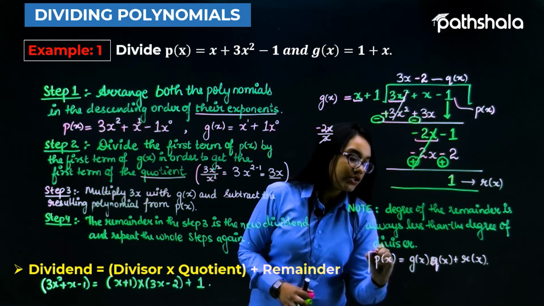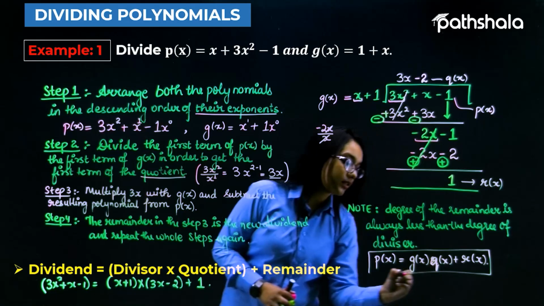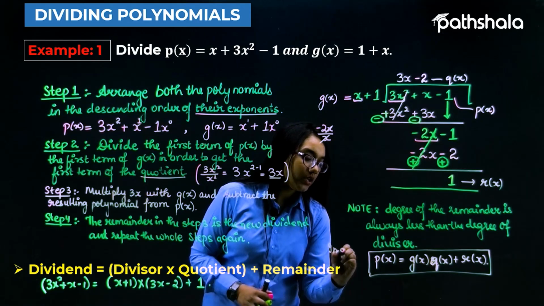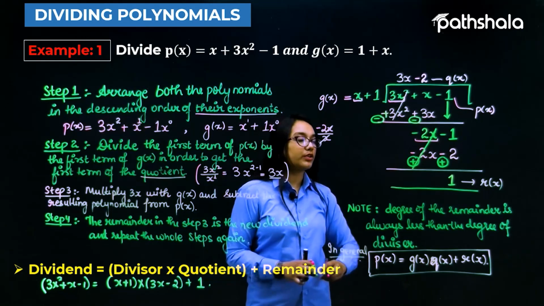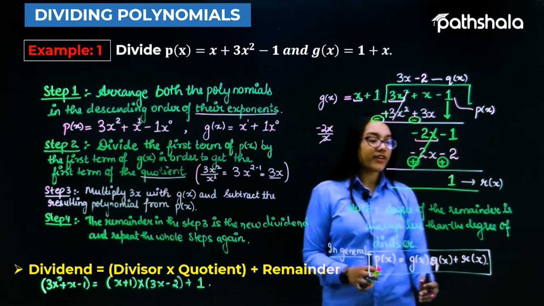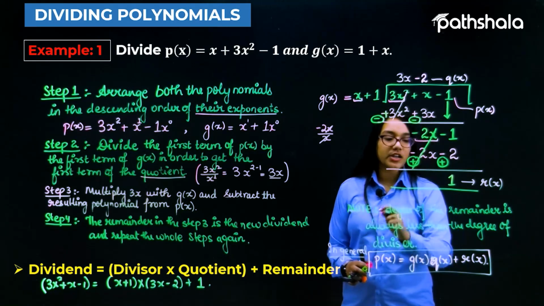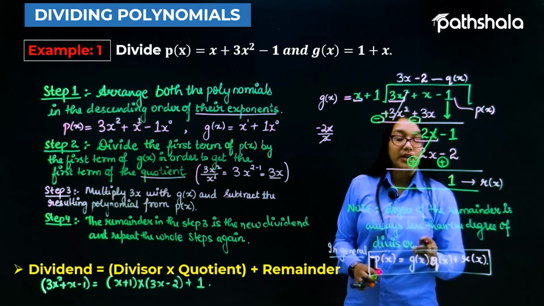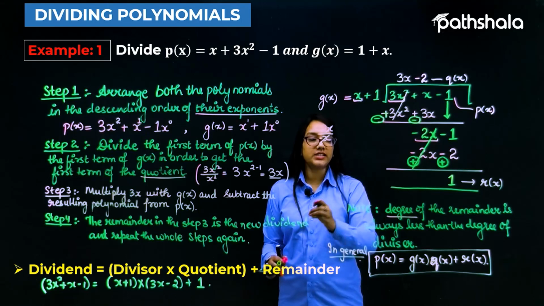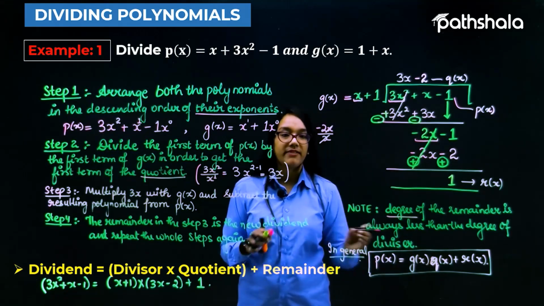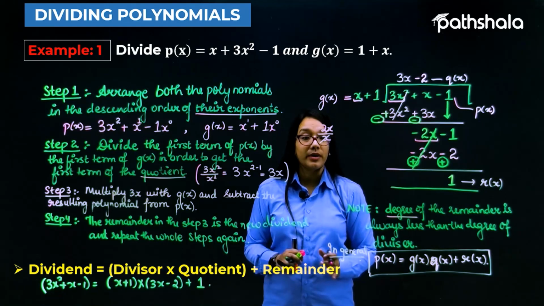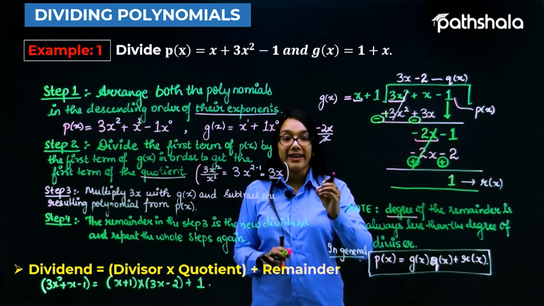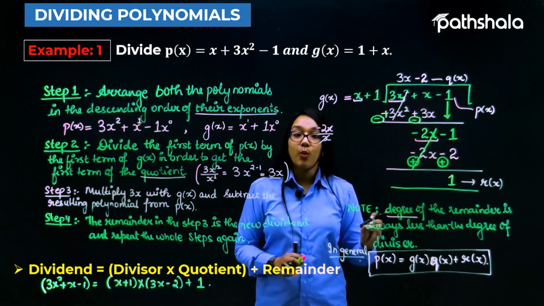In general we can write p of x as nothing but g of x into q of x plus r of x, with the condition that the degree of the remainder is always less than the degree of the divisor. So this is the algorithm of dividing a particular polynomial by another polynomial.